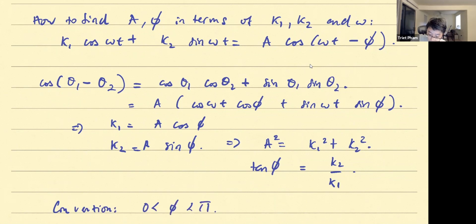That will help you decide what the angle phi is by this ratio. And then you can decide what cosine phi is to decide what the sign of A is. Any question on this?